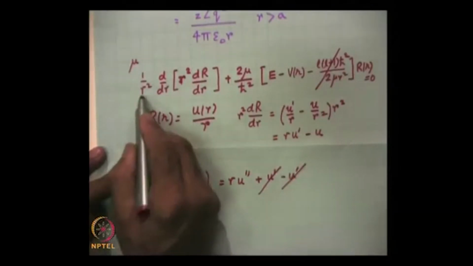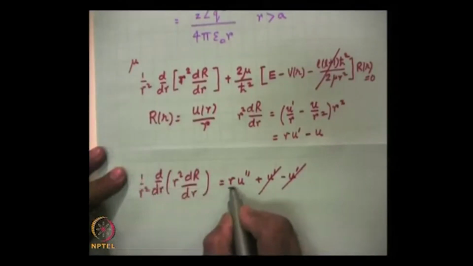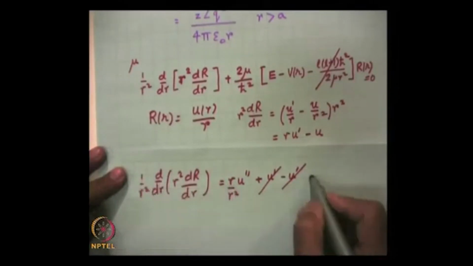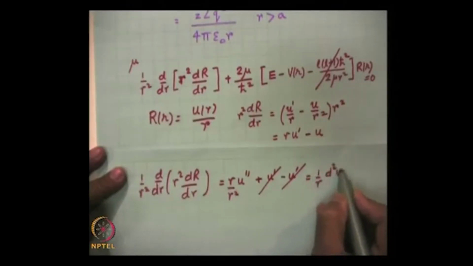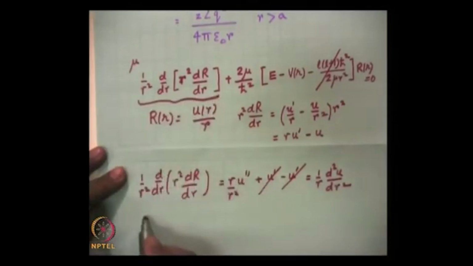If I divide by r square, I get 1 over r d2 u by dr square.